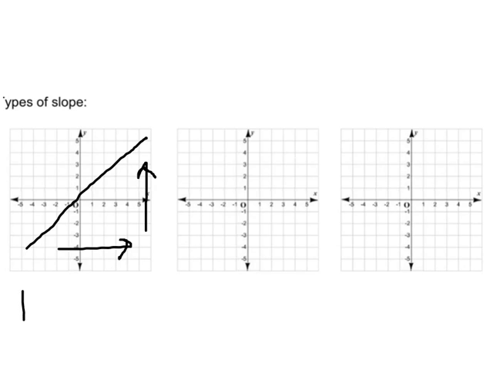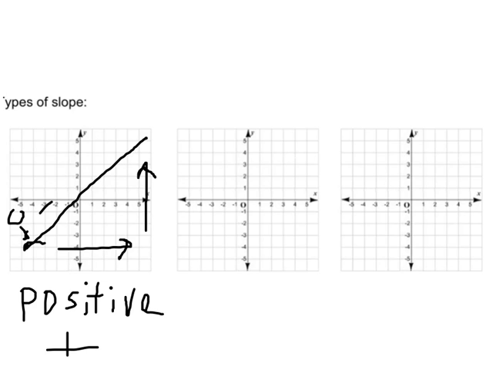So this is a positive slope, which I'll write positive for this one, but you can also just signify it by putting a plus sign for positive. Imagine a person on this line is walking up. They'd be walking up the hill because it's increasing. So the line is increasing.